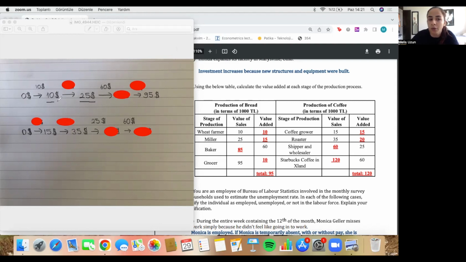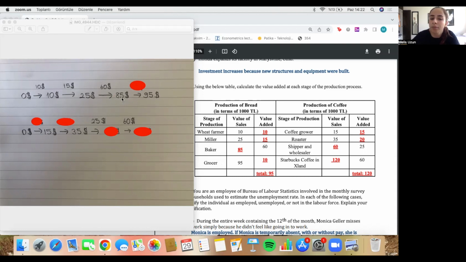Then he sells it to Miller, and Miller sells it for $25. He or she bought it for $10. So the value added from the Miller is 25 minus 10, so 15. Miller sells it for $25, and Baker sells it for something, but he or she added $60. So we add 25 to 60 and find Baker sells it for $85.